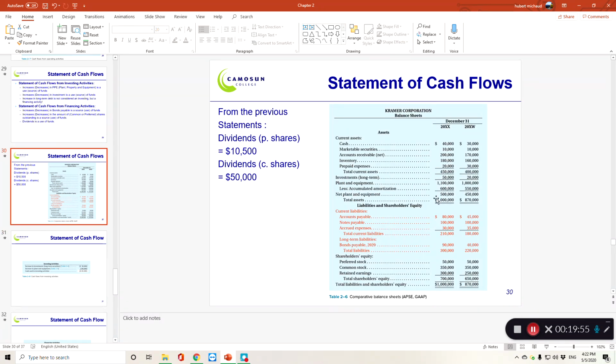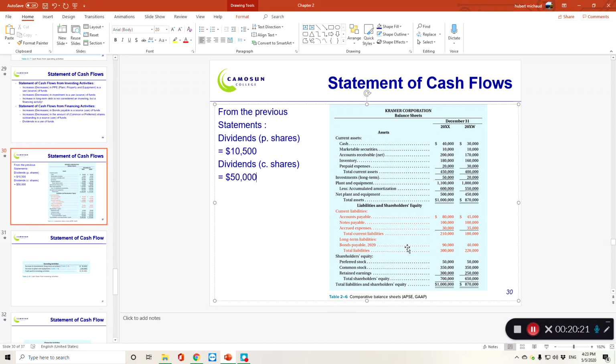For financing activity, obviously we have our dividends paid here. We also have to look at what happened to the preferred stock and the common stock, but there has been no change in the common stock and preferred stock, so we didn't issue new shares or buy back shares, so nothing happens here.